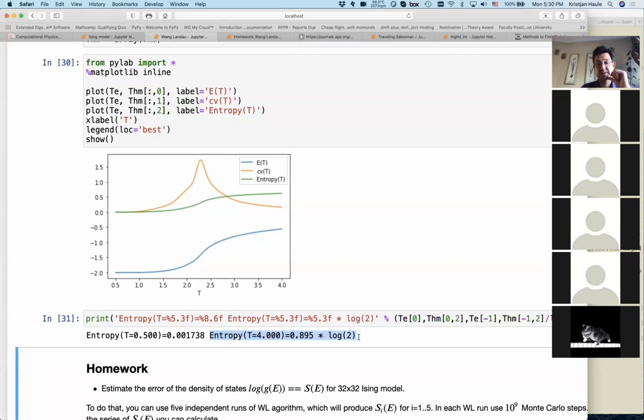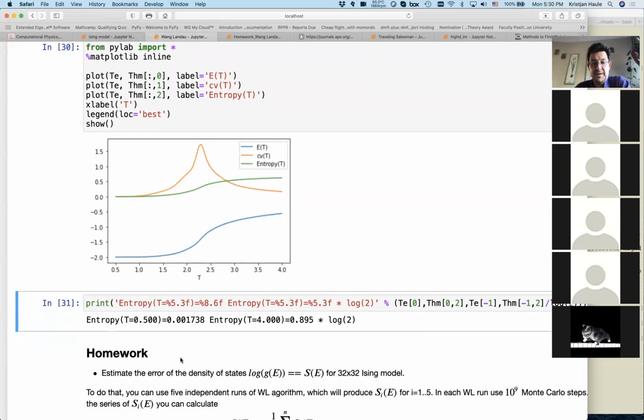Of course we could take a more precise mesh, with higher and lower temperatures, and we'll see that indeed at high temperature entropy goes to log 2, and at low temperature entropy goes to 0. That makes us very confident that we did not make a mistake in evaluating entropy, because entropy is constrained a lot. At high temperature it has to go to the logarithm of the available states, and at low temperature it has to go to 0.